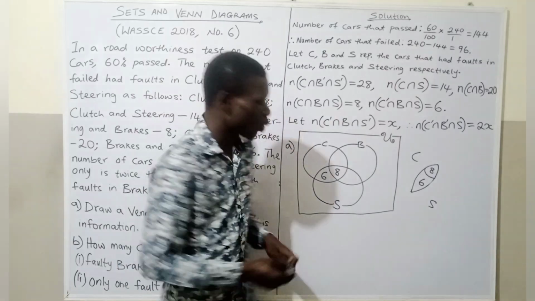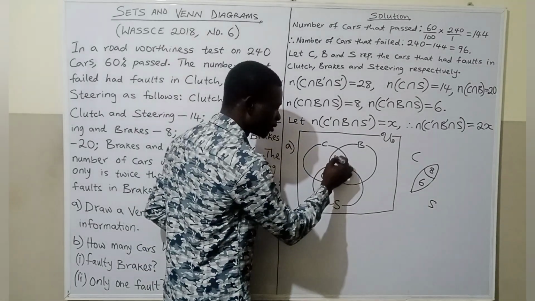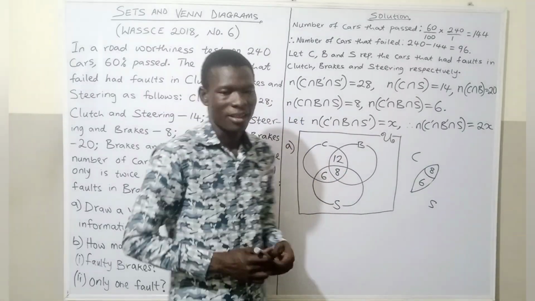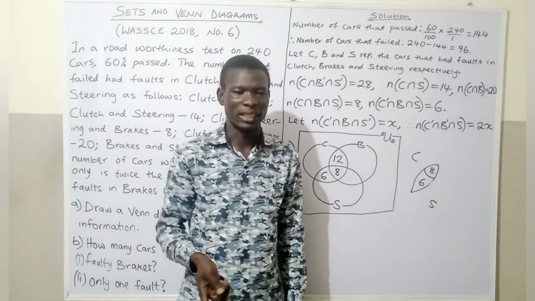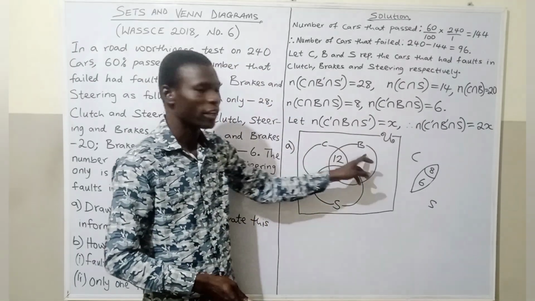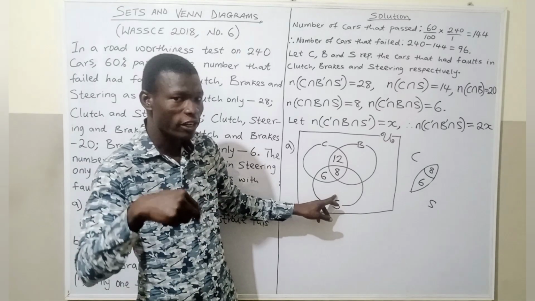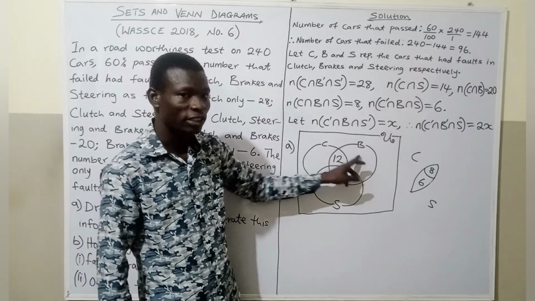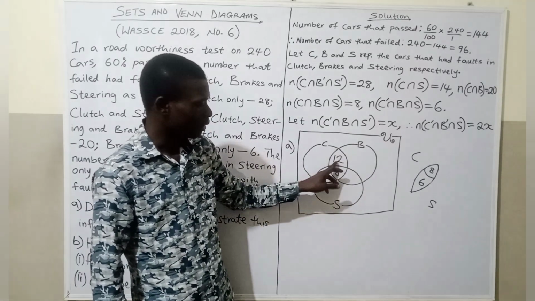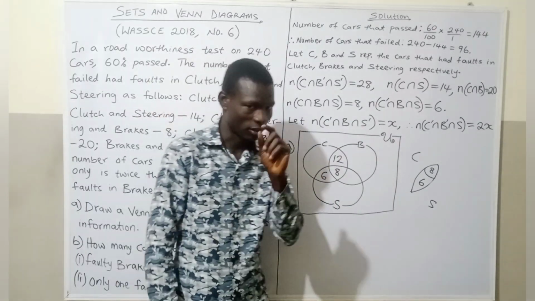Another way to say clutch and brakes only is clutch and brakes but not steering. There are 12 of them. That's another word for only.